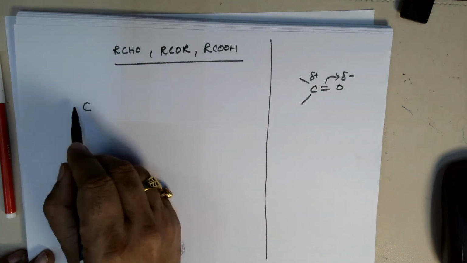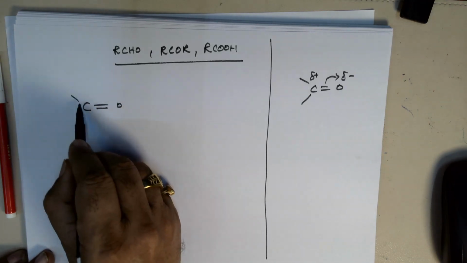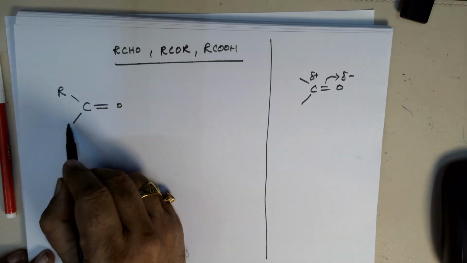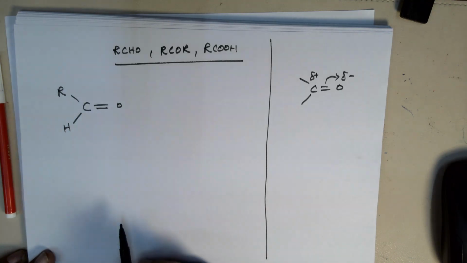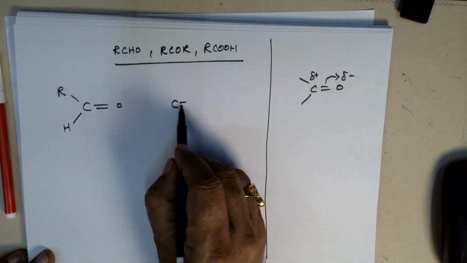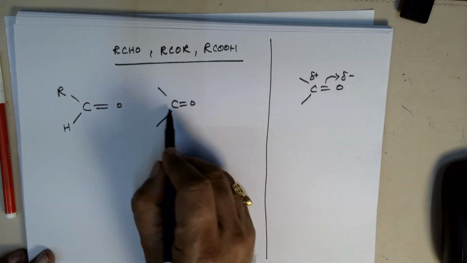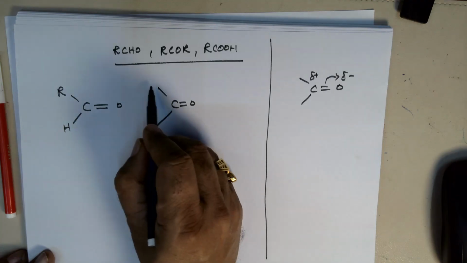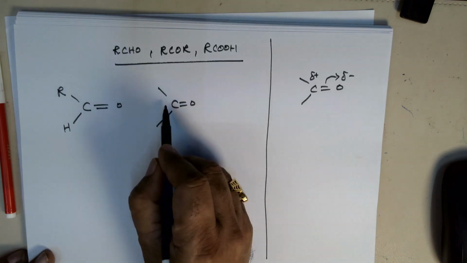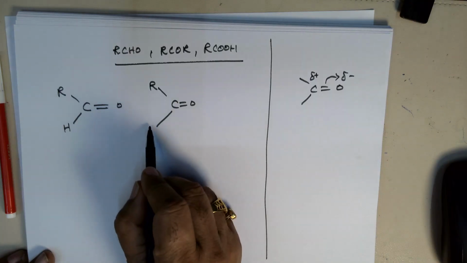RCHO, that is, you have C double bond O. On one side you have an alkyl group, on the other side you have hydrogen. So this is aldehydes. Ketone is C double bond O, and this C double bond O is flanked by, or surrounded by, two alkyl groups. Either they can be the same or different.